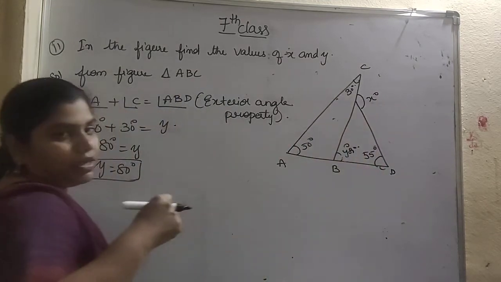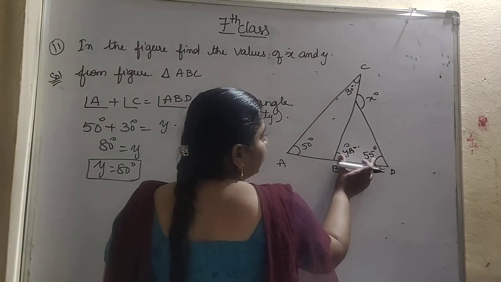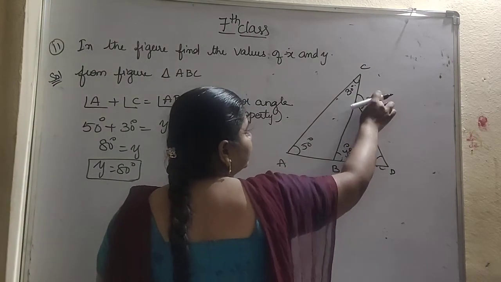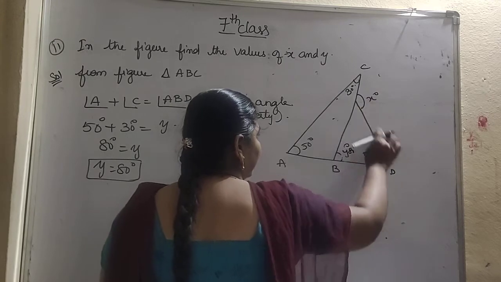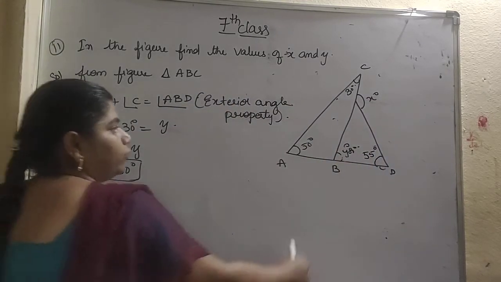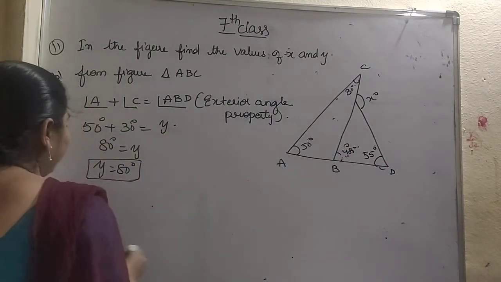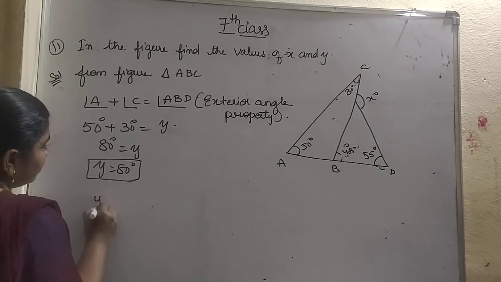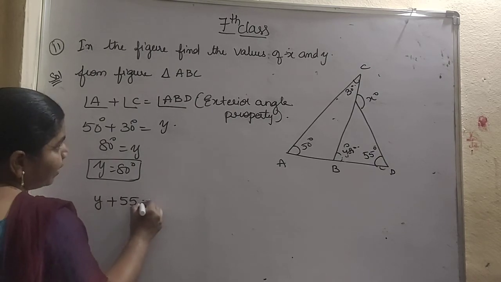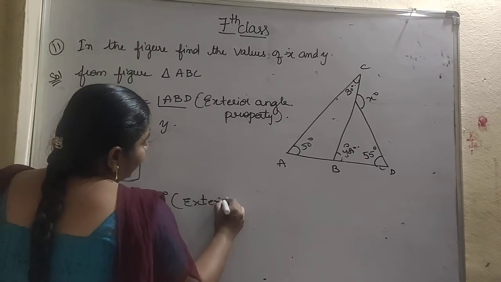So this x we have to find now. So how to find this x? Again the sum of two interior angles will be equals to exterior. So for this triangle, this x is an exterior part, outside part. So if you add these two, that should be equals to x value there. So we can write here y plus 55 will be equals to x degrees by using exterior angle property.